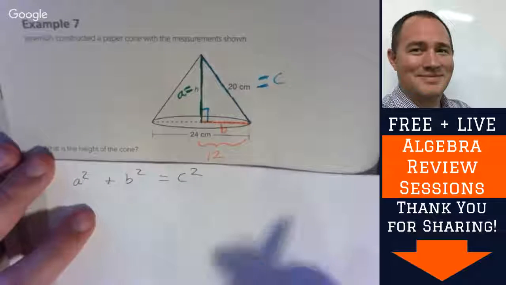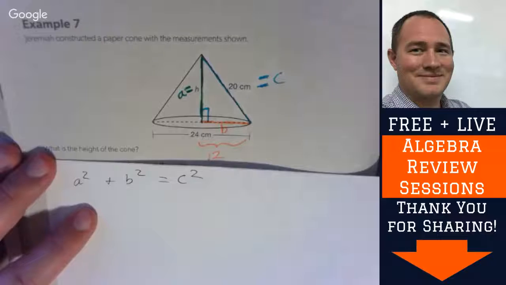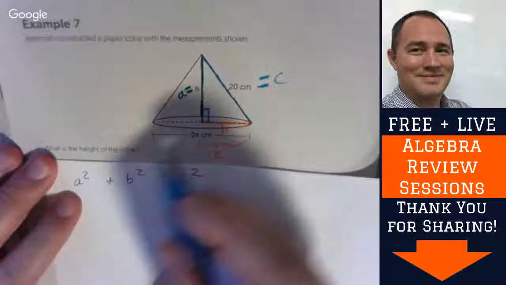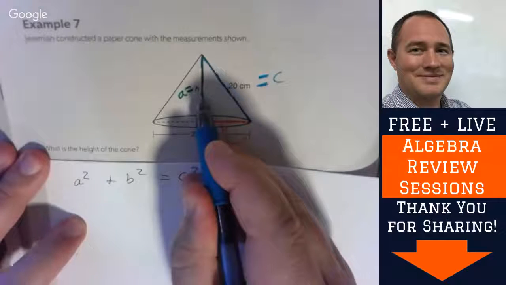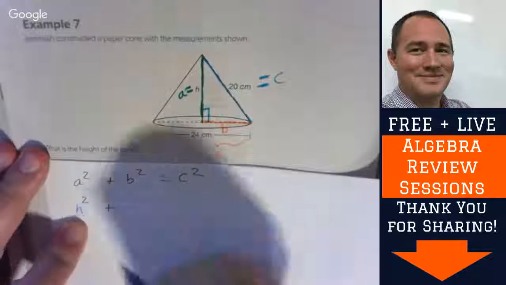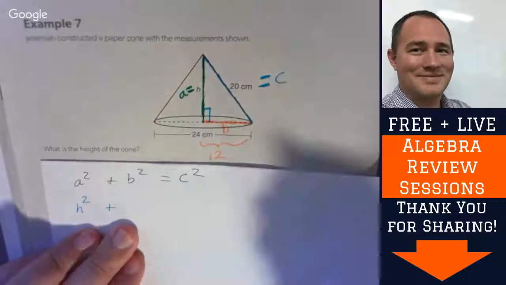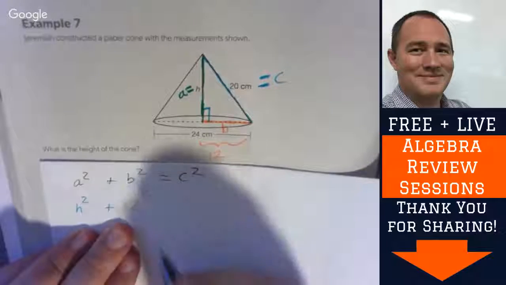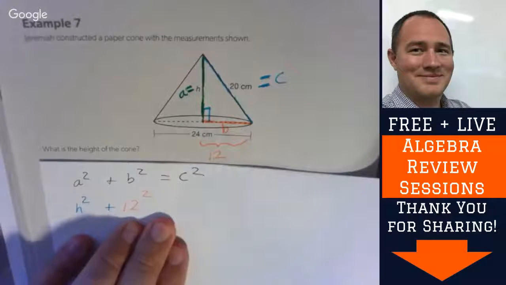So let's go ahead and plug these in. If H is our A, I'm going to plug in H where A used to be in our formula. Our B is a measure of 12, so B squared is 12 squared.